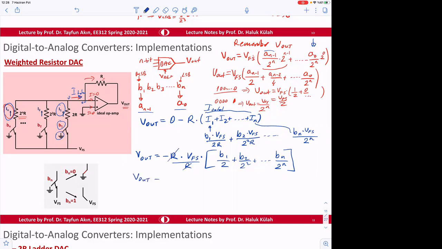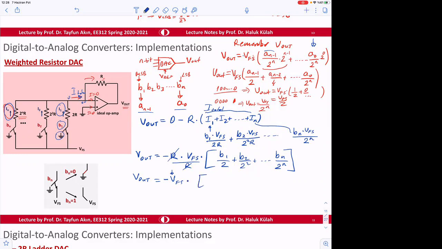So we have Vout to be minus V full scale times, right? It was plus here, but this time it's minus. So we can select the full scale to be Vref, V full scale. This is supposed to be Vref, in fact. But anyway, let's not confuse that.